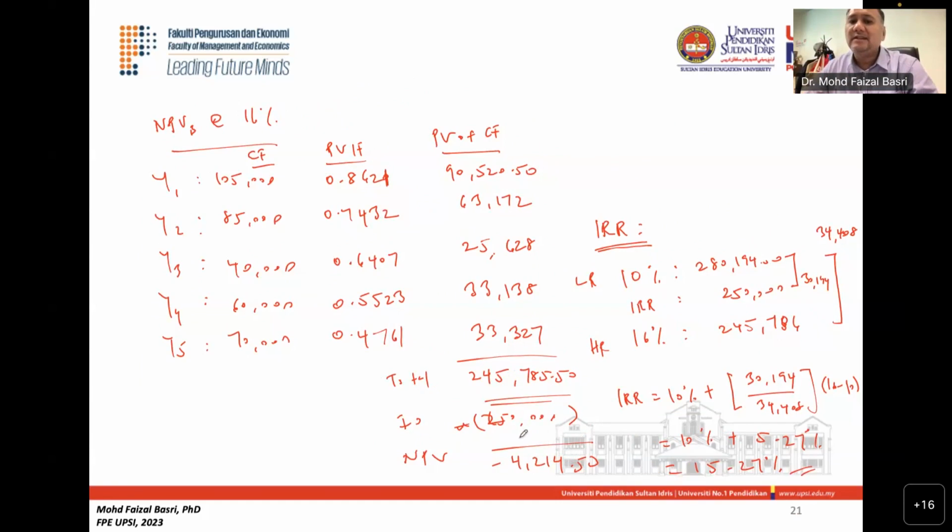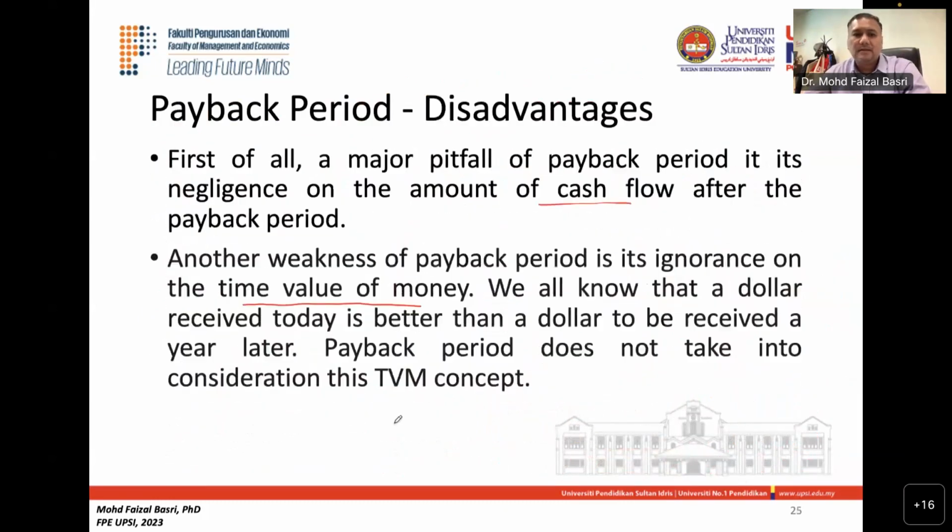You kena cari, ataupun you have to stop when you have a negative NPV. So at 12%, you still will get positive. Then you try 14, and then whatever lah, sampailah you dapat negative. So in this case, 16% you get negative. Once you have this negative, then baru you boleh buat this, what we call as interpolation tadi. Interpolation. Okay, the process of interpolation.